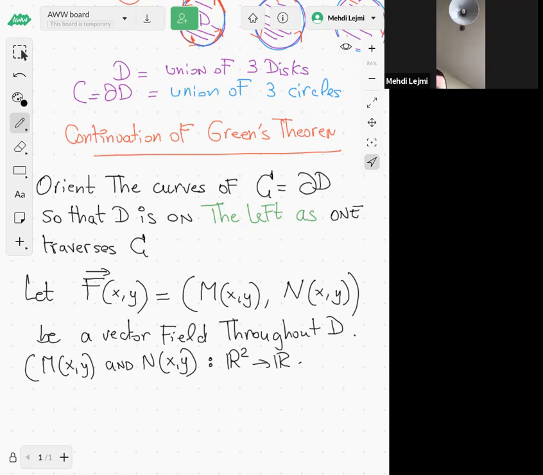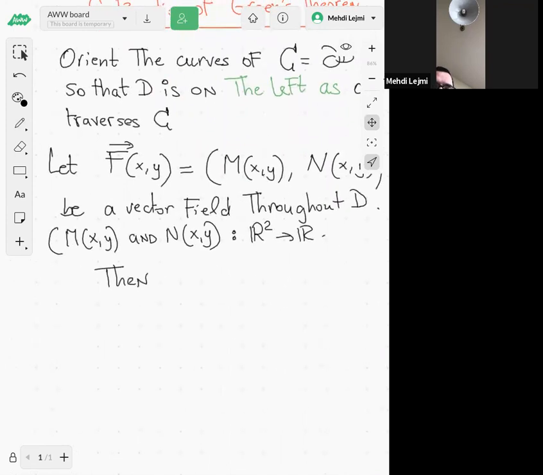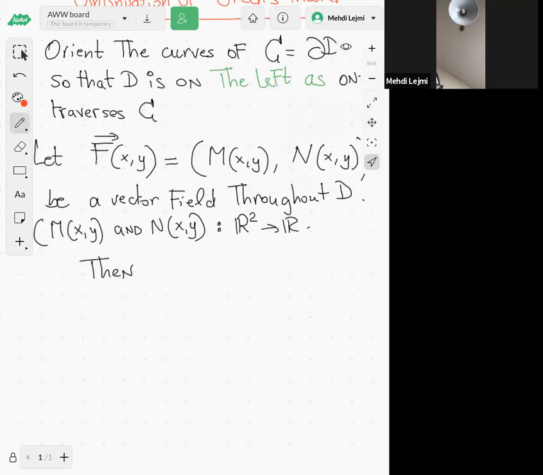Then the vector line integral of F along the boundary, the integral of this force field F along C, which is the boundary of D. Here we have a scalar product: a force field, and the ds, that's the displacement vector.